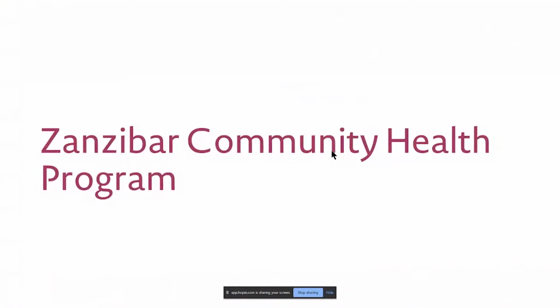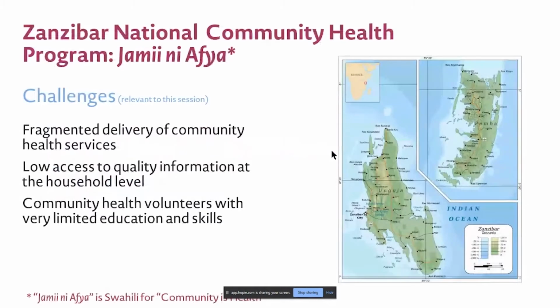So to start us off, let me give you a very brief high-level introduction of the Zanzibar Community Health Program to make all the issues and topics that I'll discuss in this session a little bit more real and applied. First, some geographic context. Zanzibar is a semi-autonomous region of Tanzania, a country in East Africa.